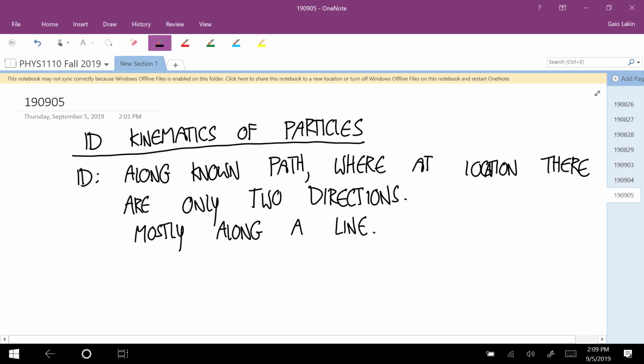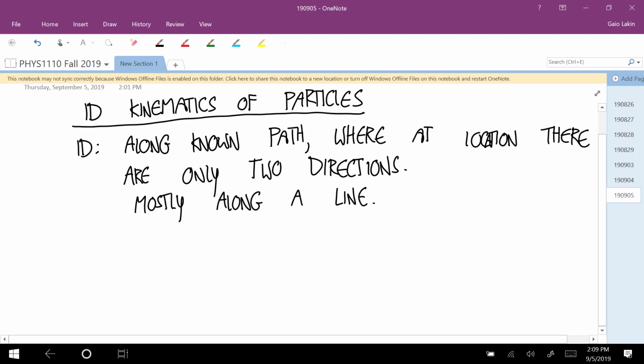And then kinematics means that we're describing motions without considering the causes of motion.